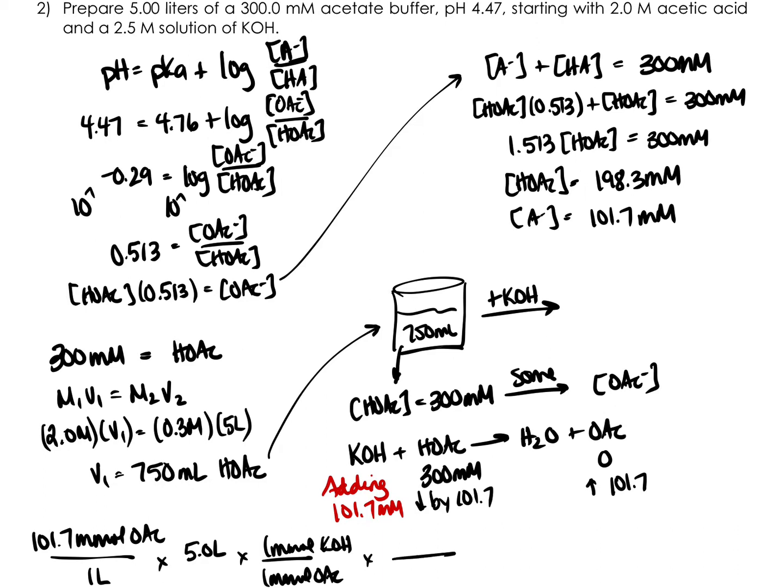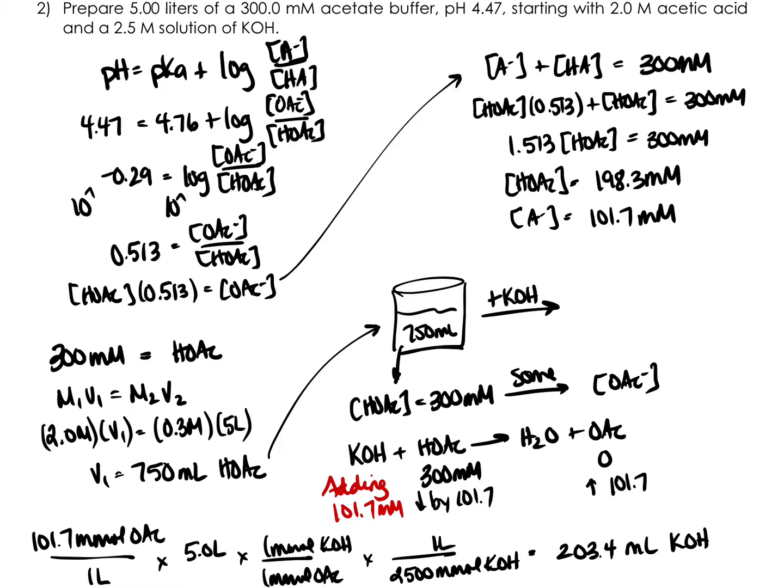Now, we know that we have a solution of KOH that's 2.5 molar, so that's 2,500 millimole of KOH in 1 liter. And so this tells us that we're going to need 203.4 milliliters of KOH.